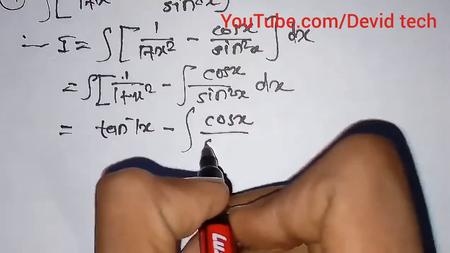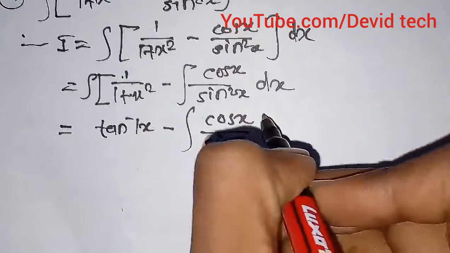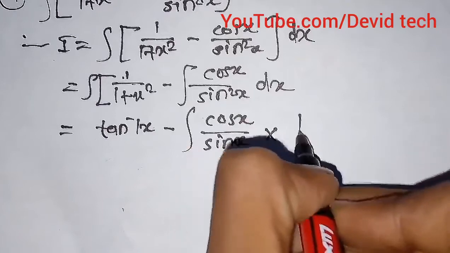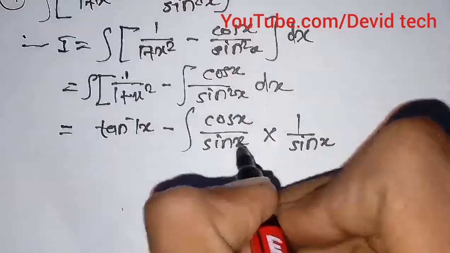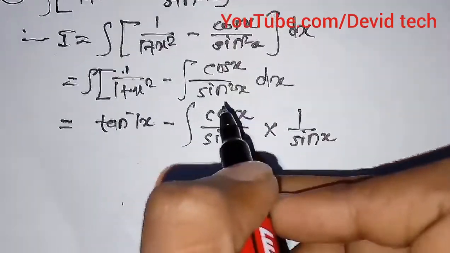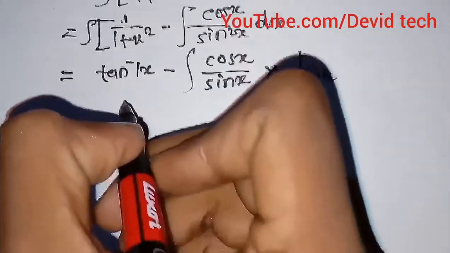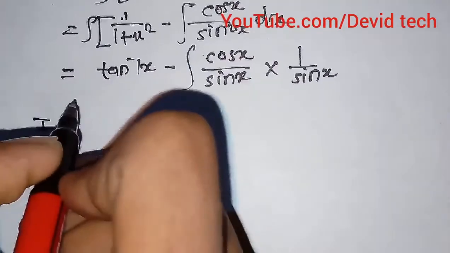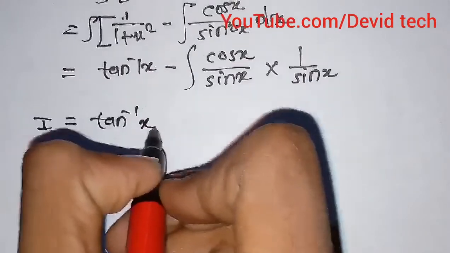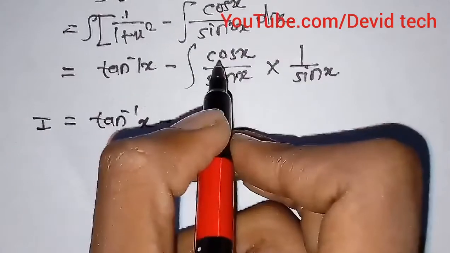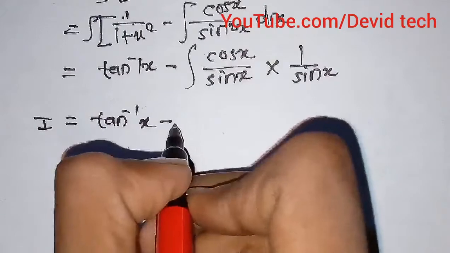cos x divided by sine x into 1 divided by sine x, because sine x into sine x is equal to sine square. So I is equal to tan inverse x minus, what is cos by sine? cot.